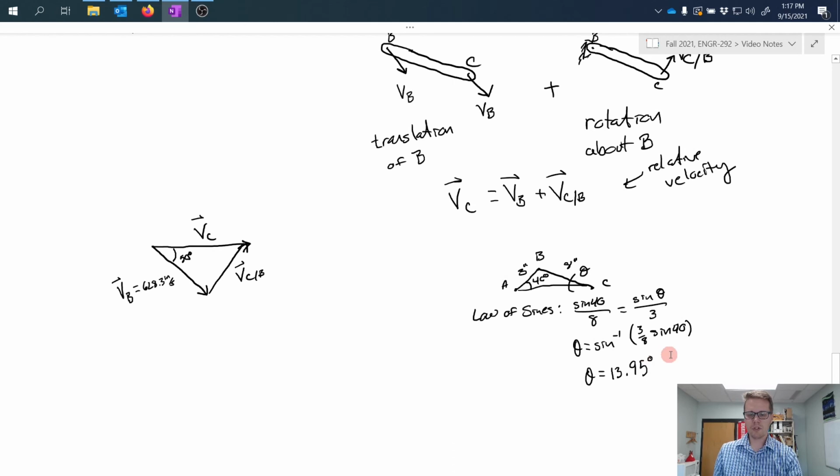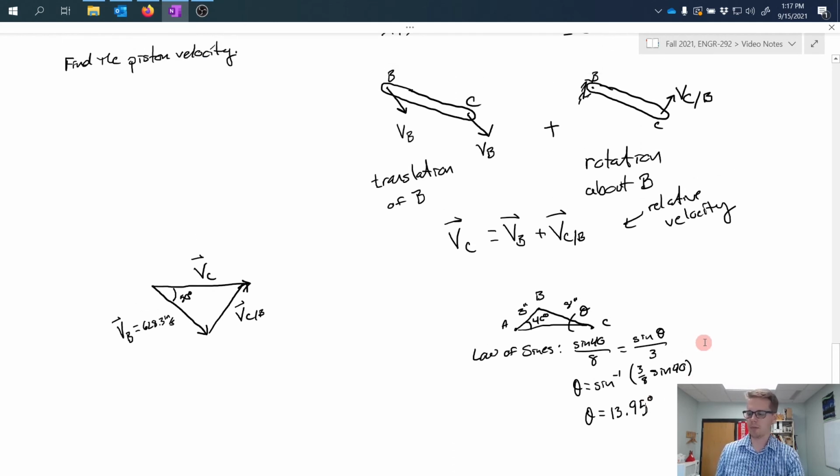All right, so to visualize where this actually goes now on our vector triangle, I'm going to bring this up here. And this angle I just solved for is this one right here, 13.95. Because VCB is perpendicular to BC, I can say that, measured off the vertical, this angle also has to be 13.95.